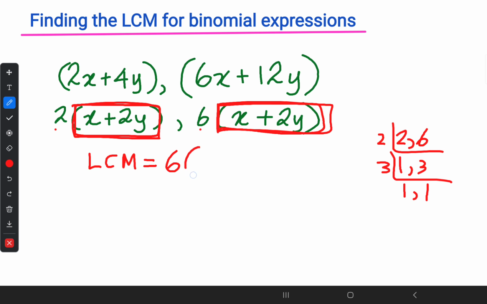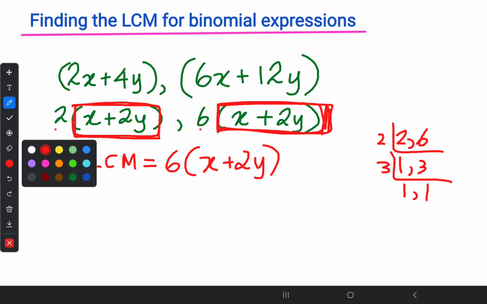Likewise, here we write 6 times (x plus 2y). This would be the LCM. You cannot split the binomial expression separately. You have to think about it as a whole and find the LCM for the numbers to do the rest.